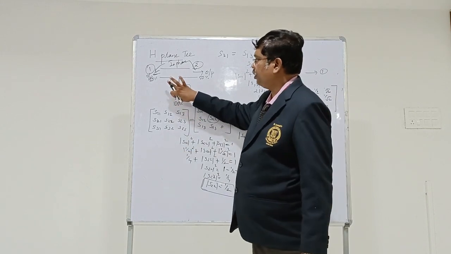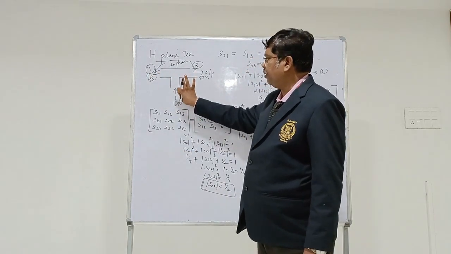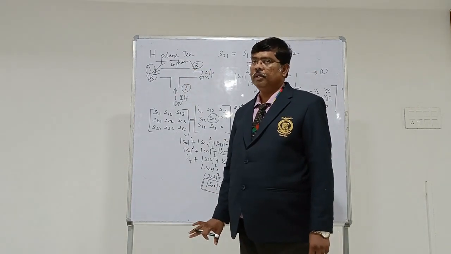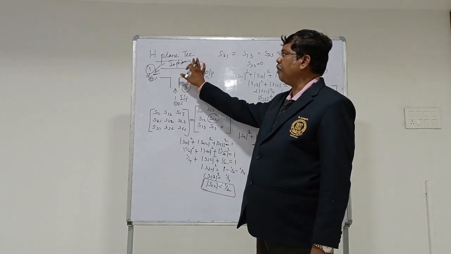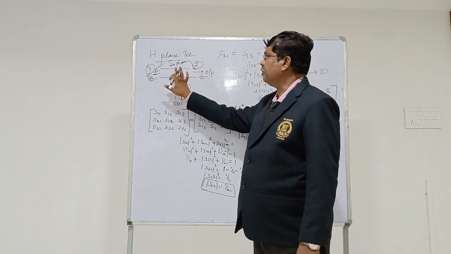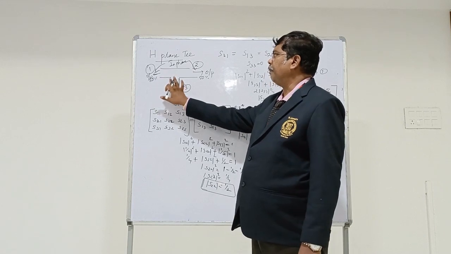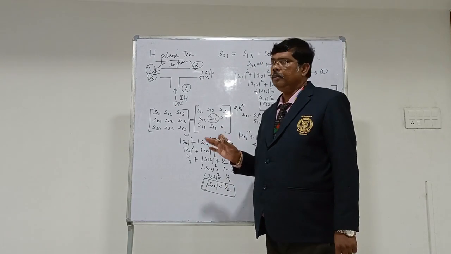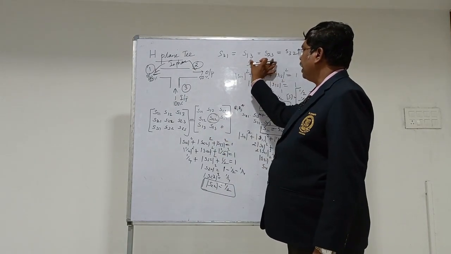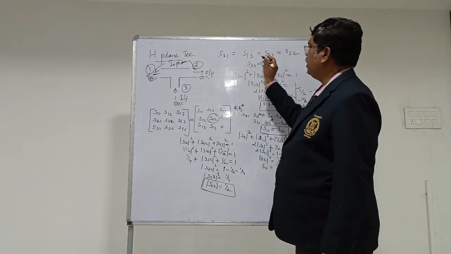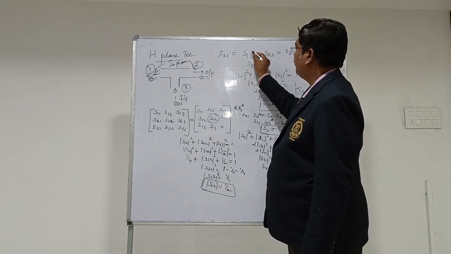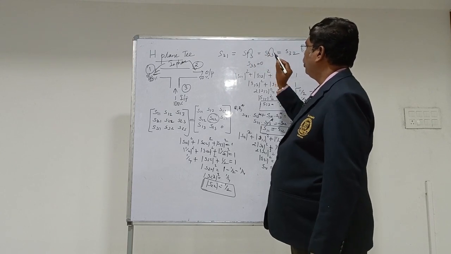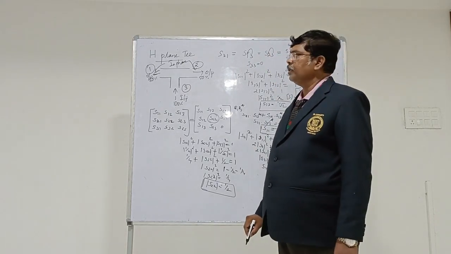Whatever input you are giving in port 3 will be equally divided between the collinear arms. The coupling between port 3 to port 1 and the coupling between port 3 to port 2 will always remain the same in magnitude. Moreover, in this H plane T, the coupling from port 3 to port 1 and port 3 to port 2 are in phase.